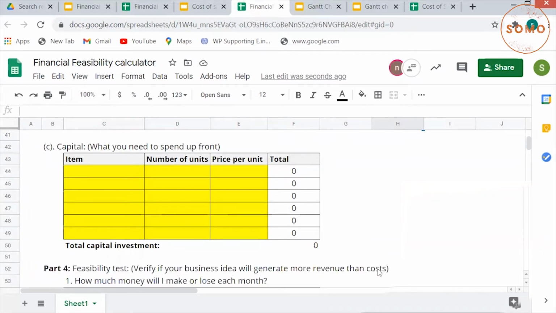After variable cost, the last part we're going to look at under expenses is capital. And capital is essentially what you need to spend upfront.